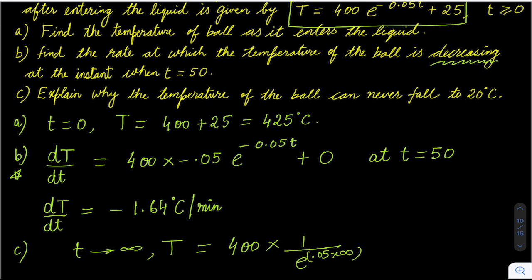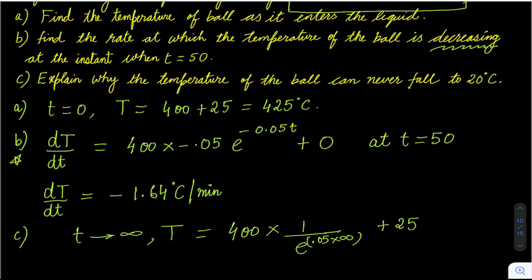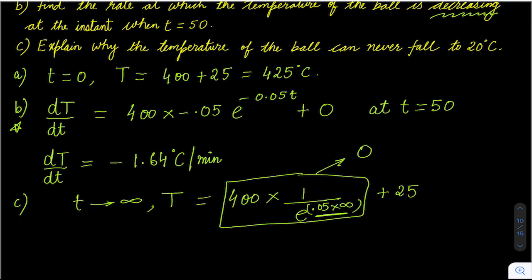This is just what I am writing to explain to you; you don't have to write this. It is just for explanation so that you can understand what's going on. Now this will be infinity, and 1 over e power infinity will be a very large number. So 400 divided by a very large number will be 0. So basically this value will be approaching 0 as time is approaching infinity.